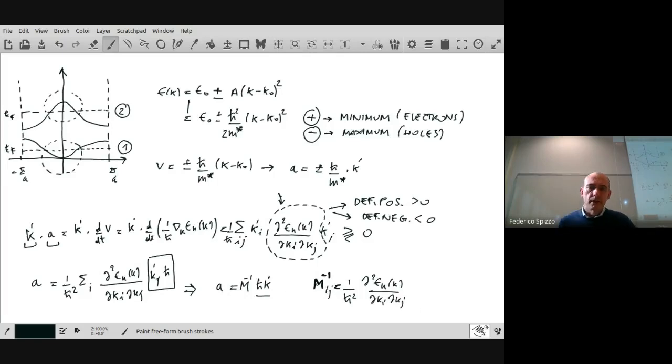So the components of this matrix are the second derivative of the energy versus wave vector dependence divided by h bar squared.